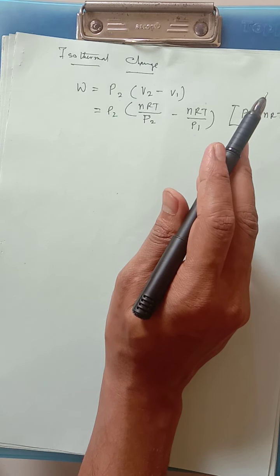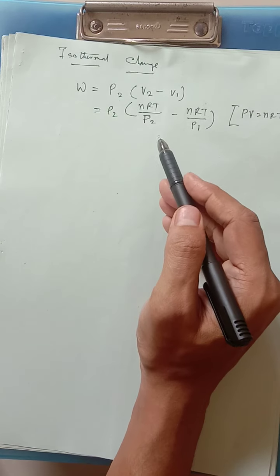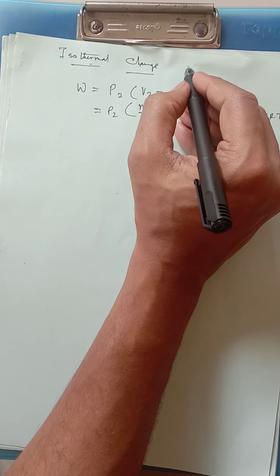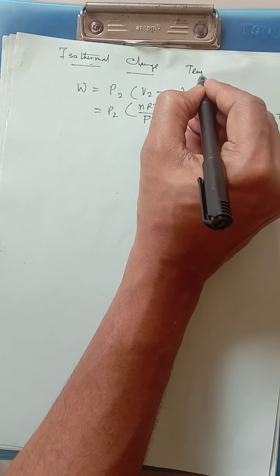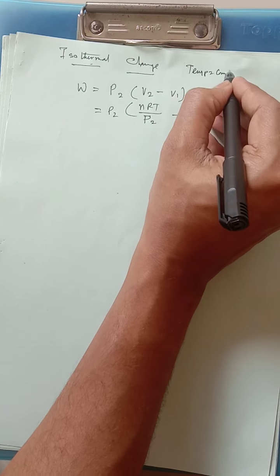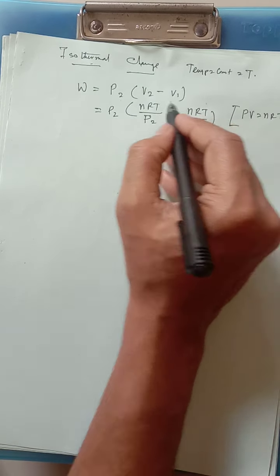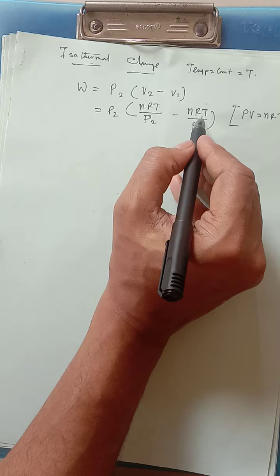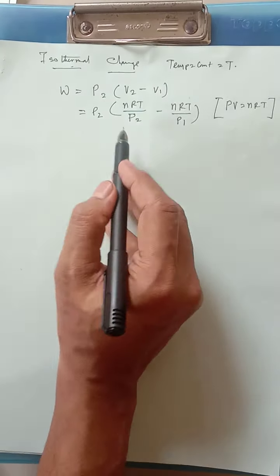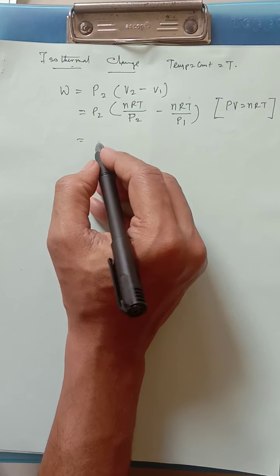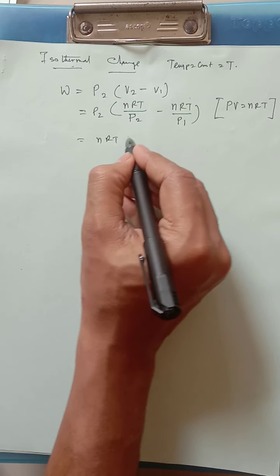Why have I done so? Because it is very easy to understand isothermal change: temperature is constant, no change is there. So let us consider that it is T. It cannot be T2 and T1, since there is no change in temperature, so we keep it constant. So ultimately it will be nRT.